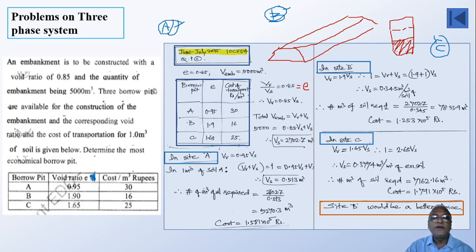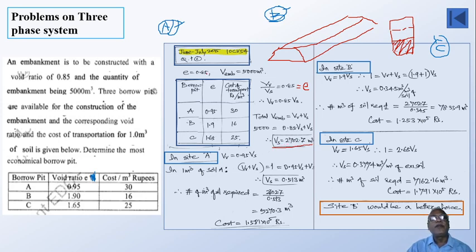How is this calculated? We want 5000 meter cube of embankment. Of that, 0.85 is the voids ratio. That is to say, if I calculate only the volume of solids leaving out the volume of voids, it comes out to be 2702.7 meter cube of solids.